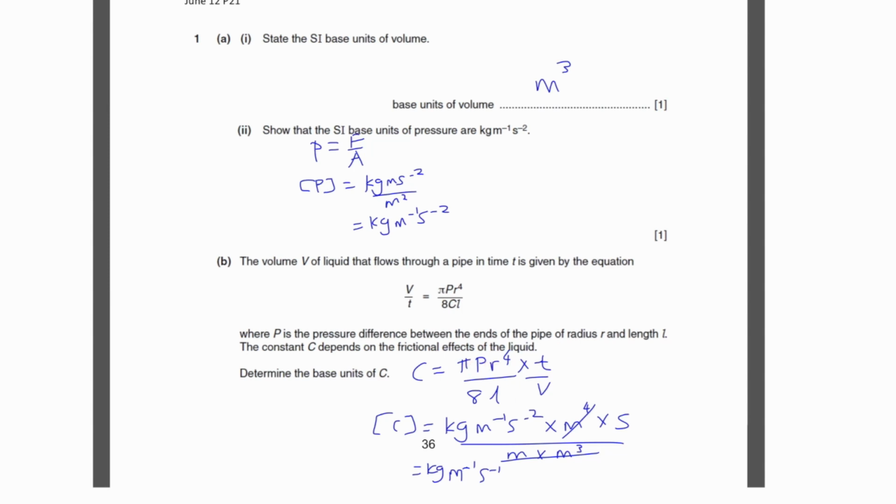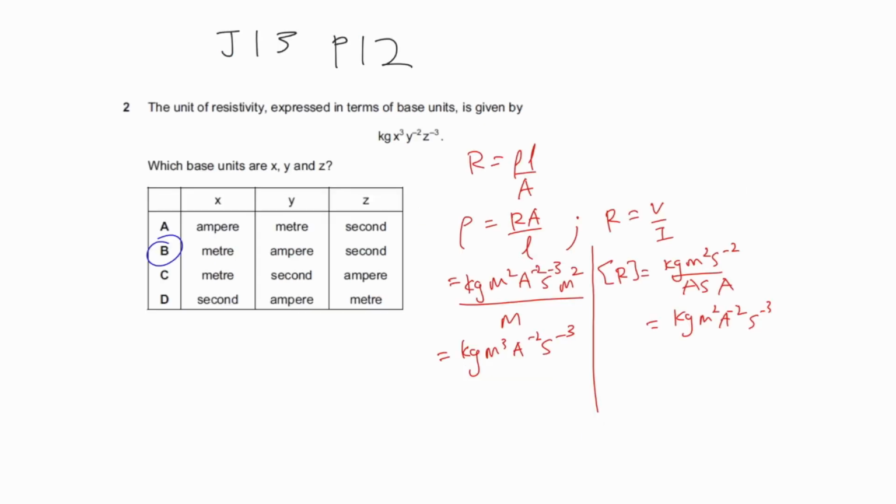For example, P is pressure, which we obtained from here. R is radius, which is meter, so R to power 4 means meter to power 4. T is time, which is in second. L is length in meters. And V here is volume, so it is in meter cube. After substituting all and solving it, you will get the units of C.